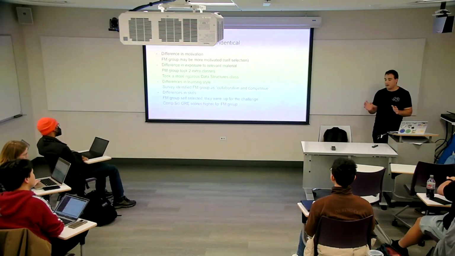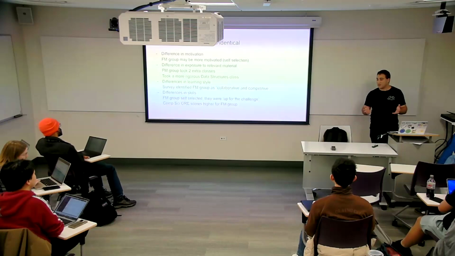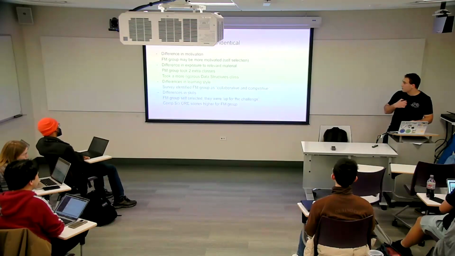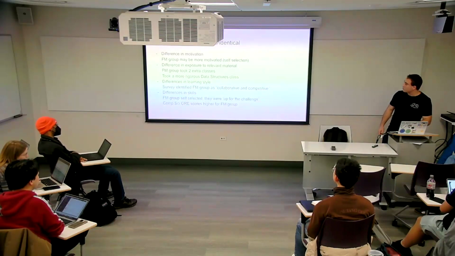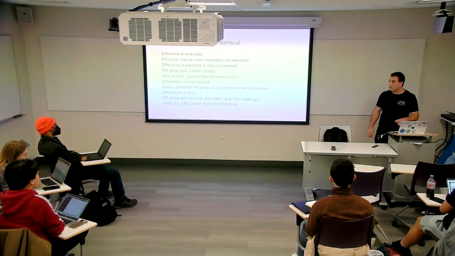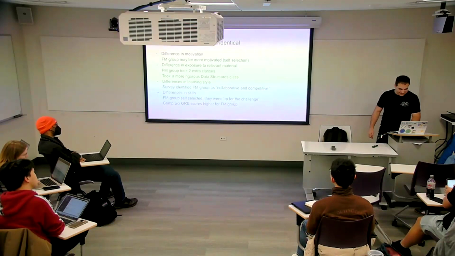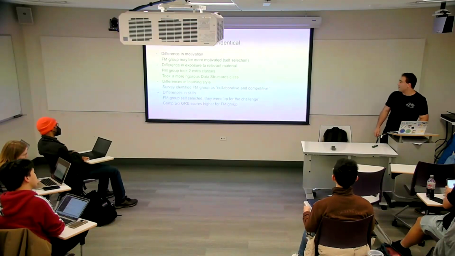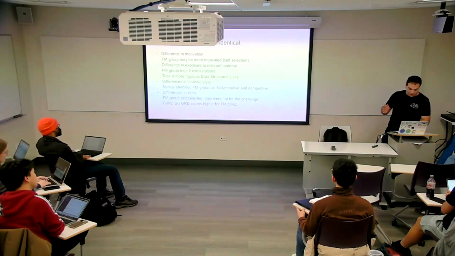So it's entirely possible. In fact, it seems likely that there is a difference in skill. So this kind of leaves room for alternate explanations, right? For why the formal methods group had better programs, more correct programs.